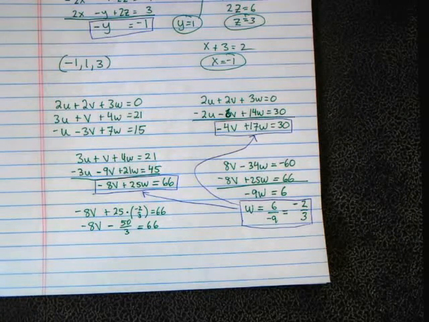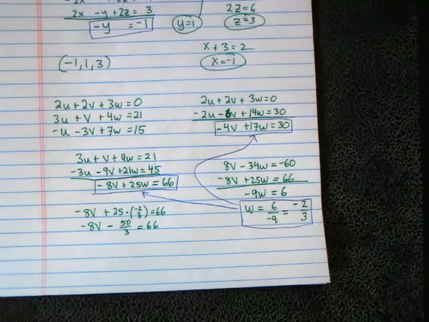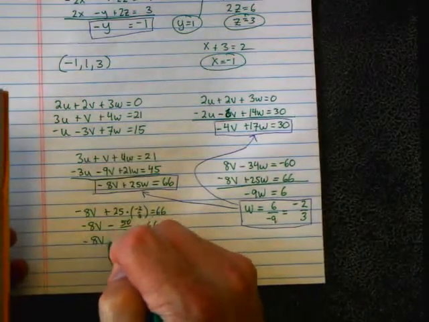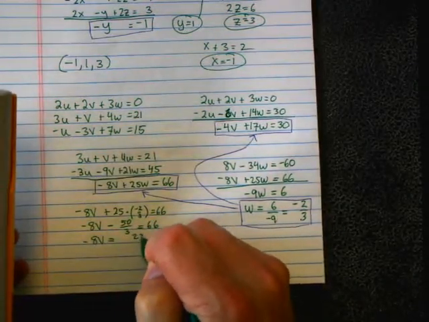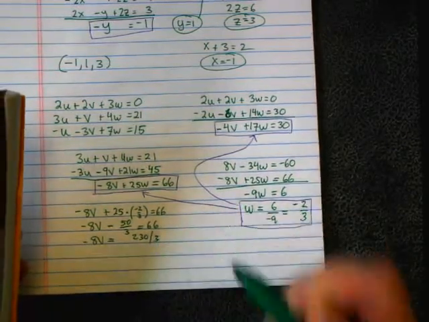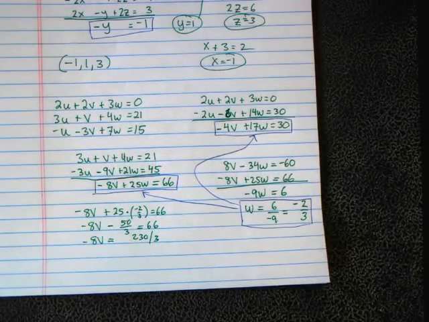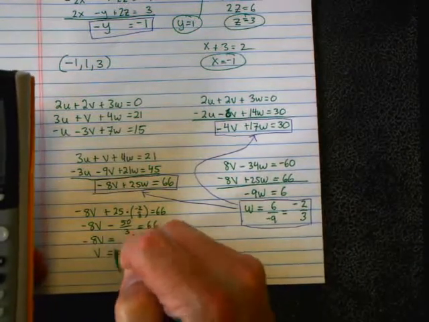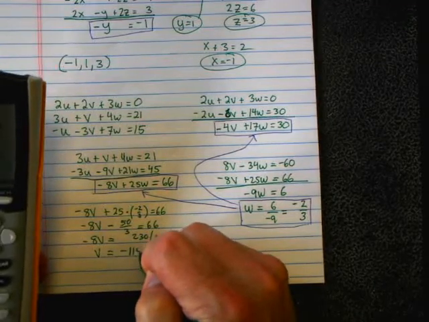Here's when my calculator becomes very helpful. 60 plus 50 over 3. I get negative 8v is 230 over 3. Divide that by negative 8. I get v is negative 115 over 12.